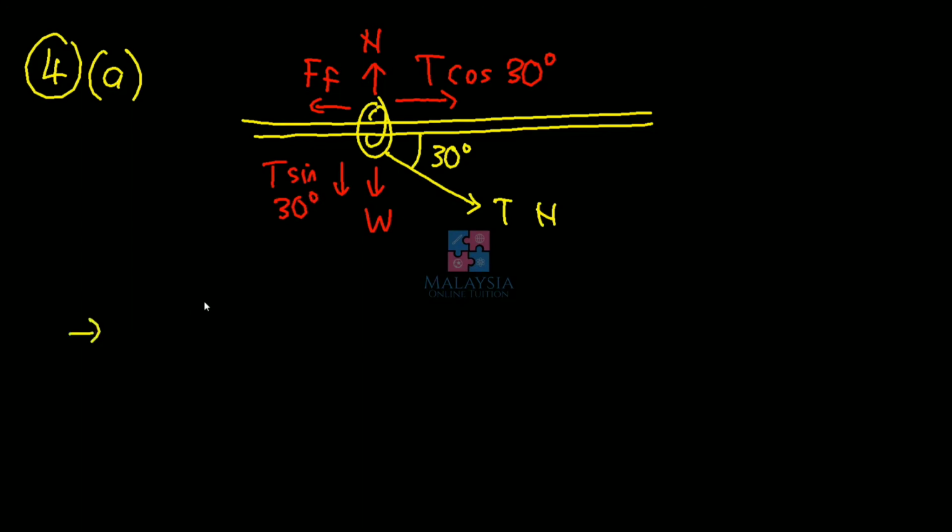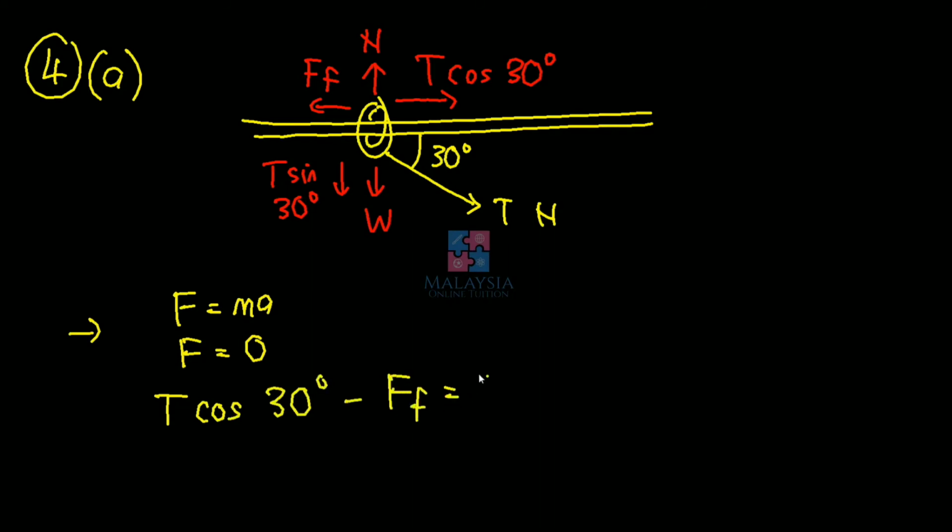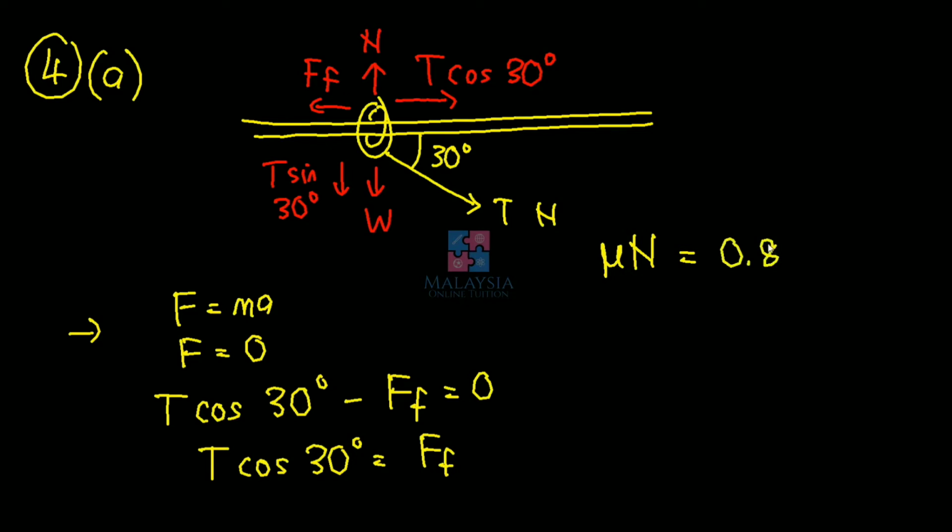So F equals MA, and your F will be equal to 0. You will have T cos 30 degrees minus your frictional force equals 0. So your T cos 30 degrees will be equal to your frictional force. Knowing that our frictional force is mu N, this will be 0.8 times your normal force.